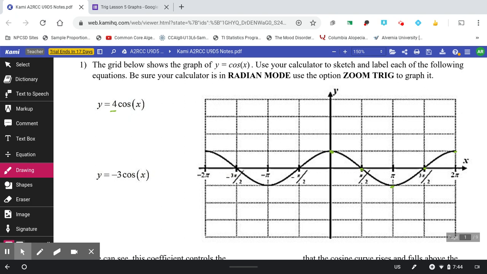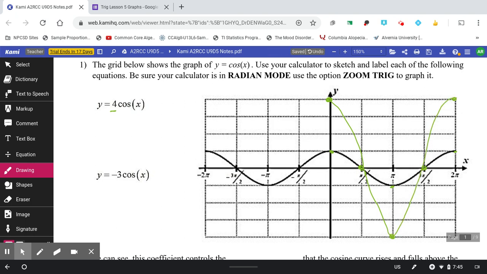You can see that when x equals 0, y is equal to 4. 1, 2, 3, 4. So now we're up here. And then it's at 0. And then here it's at -4. You can just follow the graph, and you can see what your graph is going to look like.